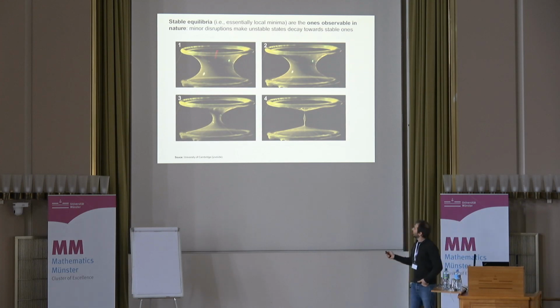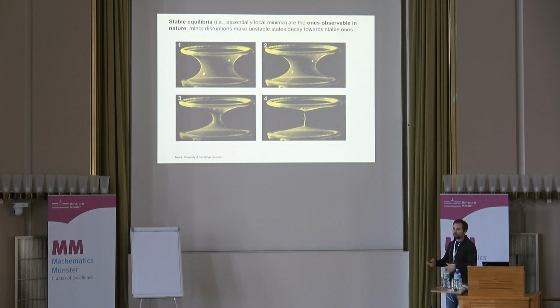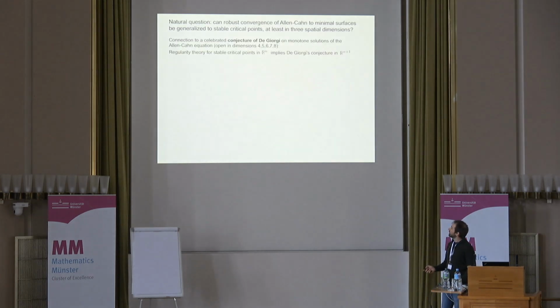So you can see that some surfaces stay, some surfaces disappear. Like in the catenoid, if you separate the two circles enough, then you see that it kind of degenerates, because the catenoid is mathematically unstable, and you see that the mean curvature flow makes it collapse, right?